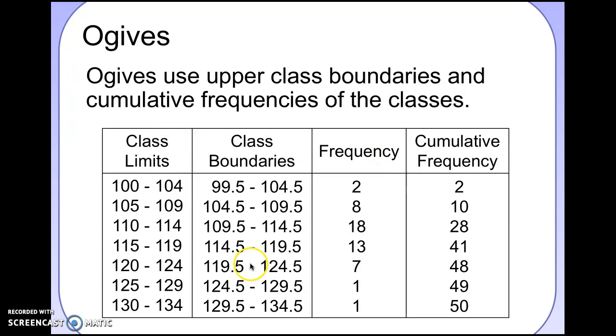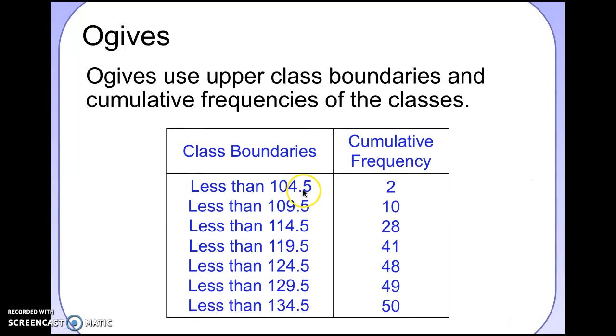Here's the information. Since the ogive uses the cumulative frequencies, you need to include that, and the class boundaries. So these are the two pieces of information you need. Class boundaries will go on the x-axis, cumulative frequencies will go on the y-axis.